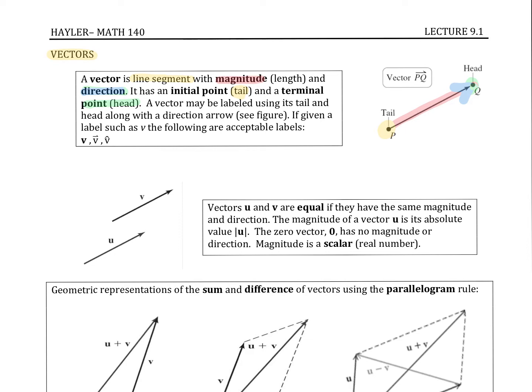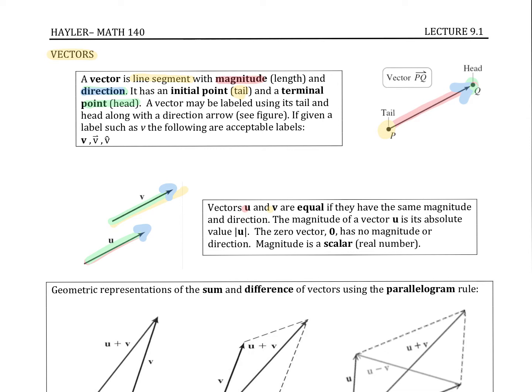Alright, so if we have two vectors, u and v, they are considered equal if they have the same magnitude, so the same length, and the same direction. So if they're the same length and they're also headed in the exact same direction, they are considered equal. And the magnitude of a vector u is its absolute value.